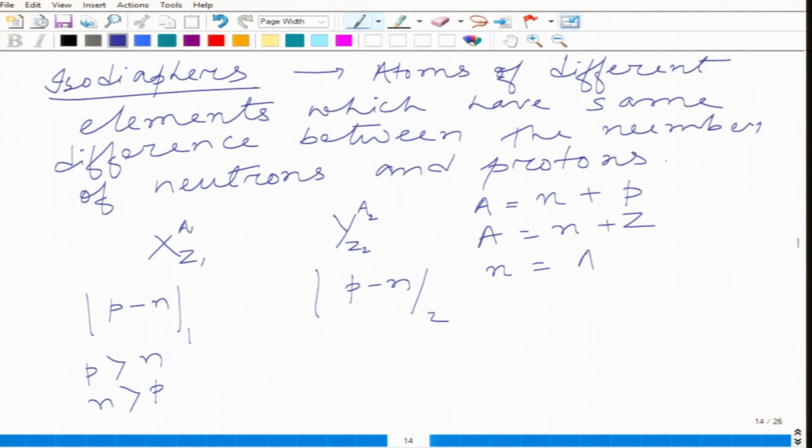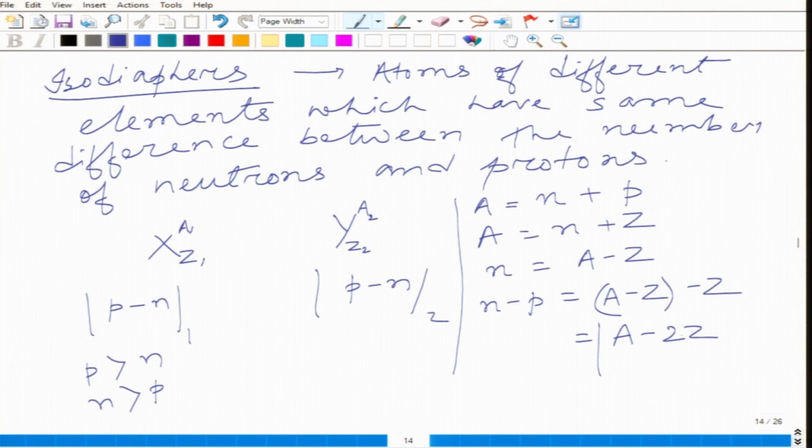So n equals A minus Z. For isodiapheres, what is the difference between N and P? It is A minus Z minus Z, so A minus 2Z. This magnitude will be the same.